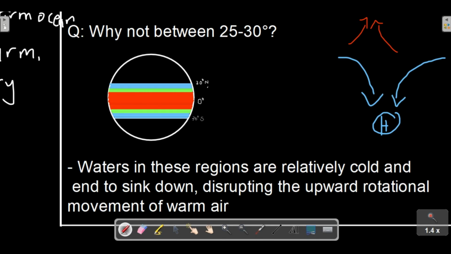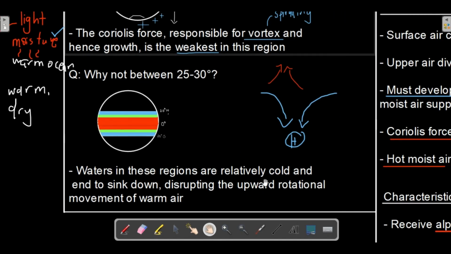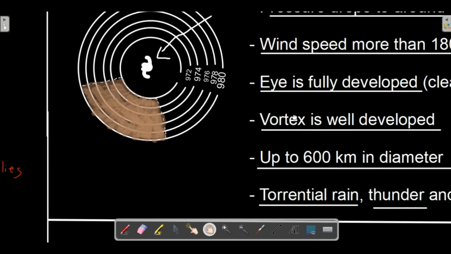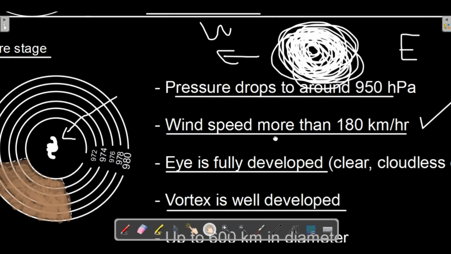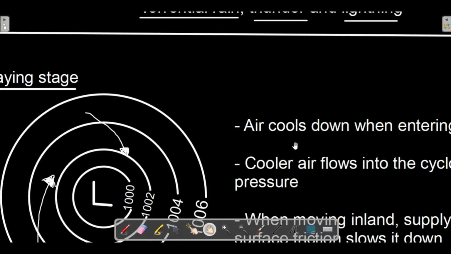This will disrupt the circulation and reduce the supply of moist air. Remember, cold air does not retain a lot of moisture. So now you no longer have that constant supply of moisture, and the system as a whole starts to disintegrate, slow down, and weaken.